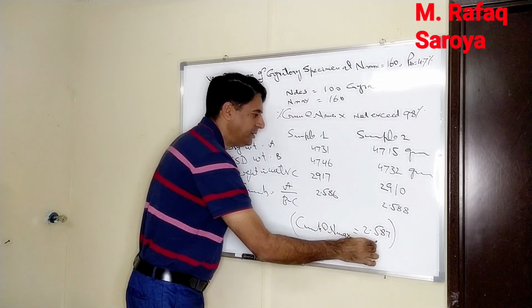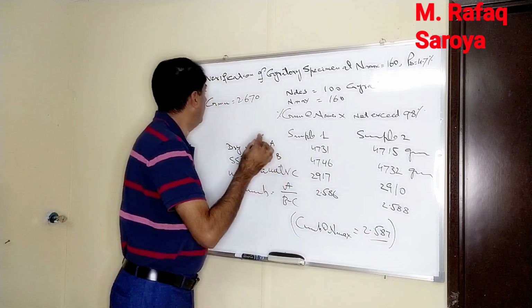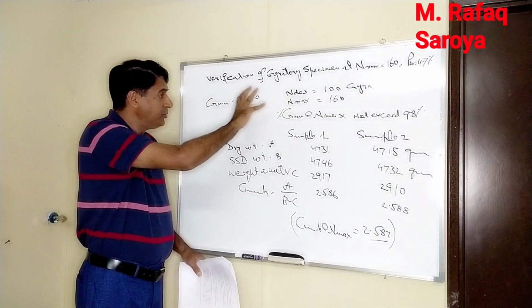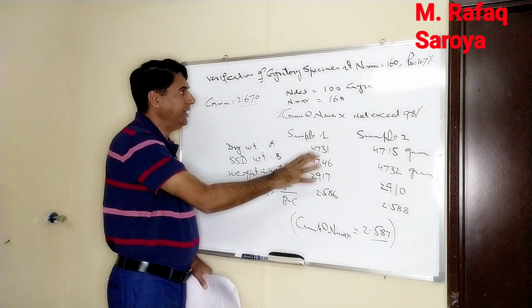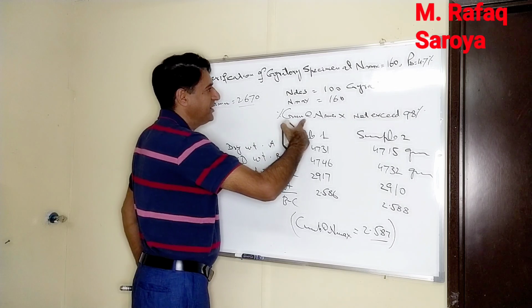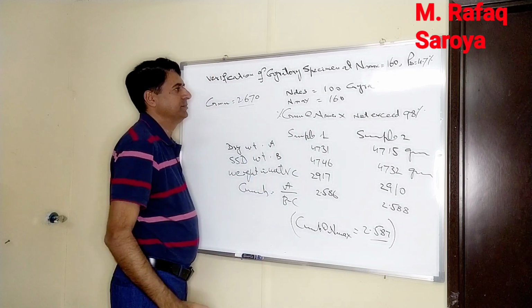Clear? This is my requirement. This value and this value. When these two values are available over here, then we can calculate the value of percentage Gmm at Nmax.